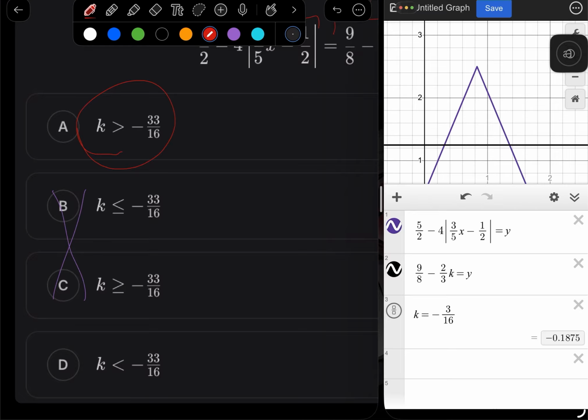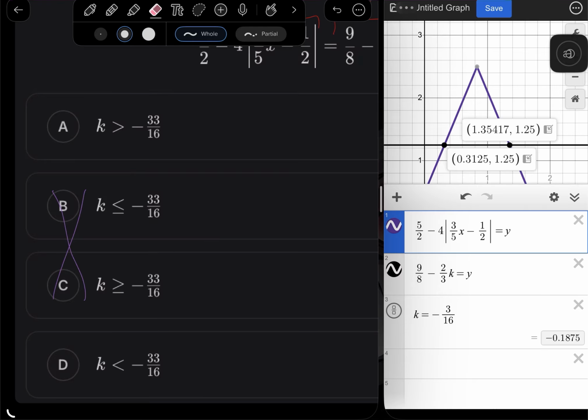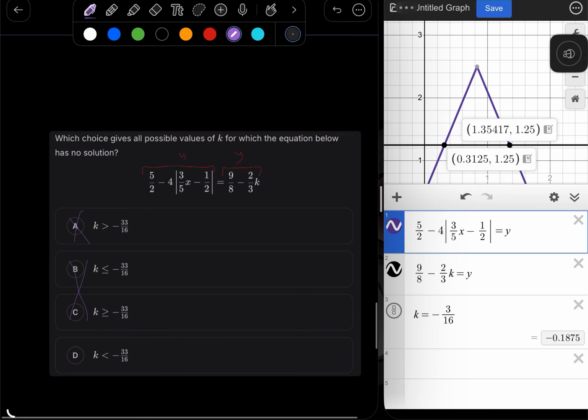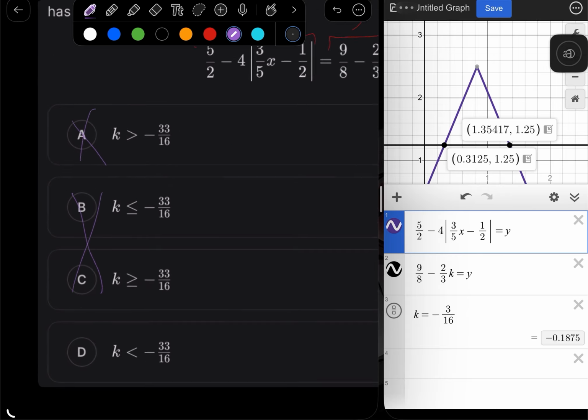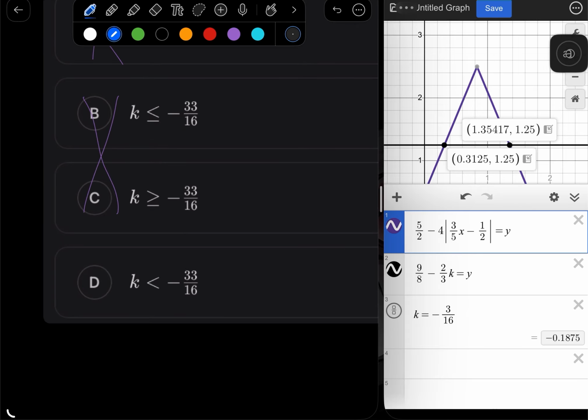You will see that that does intersect with the graph. In fact, there are two solutions. So A is not the right answer either, because those two graphs intersect. We're looking for no solutions, where the graphs don't intersect. And of course, that means D is our answer.